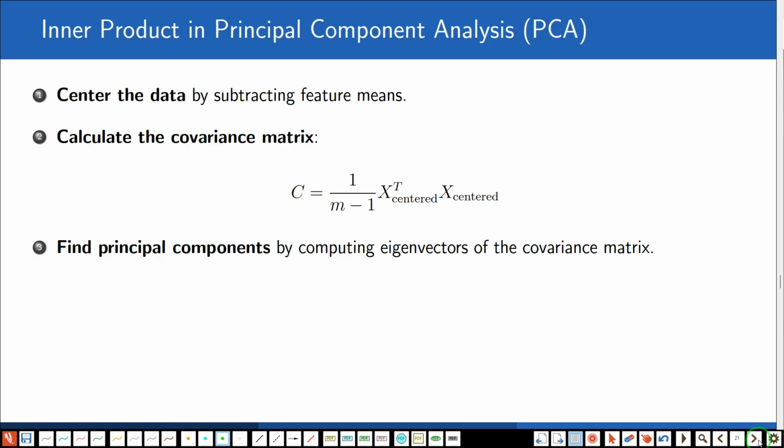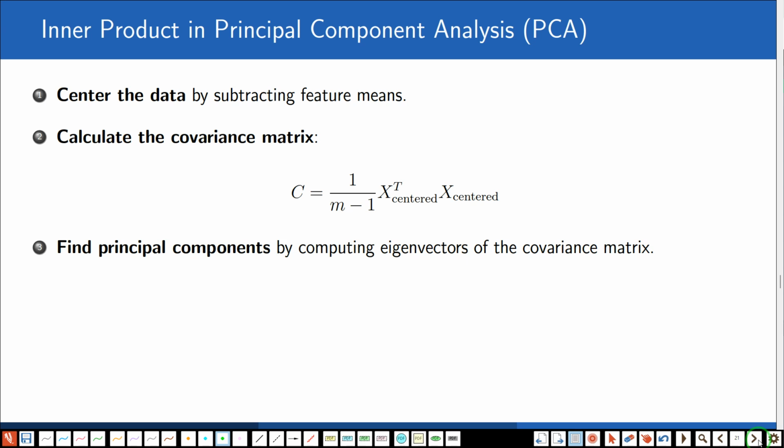Also, we have another algorithm known as principal component analysis, PCA, which is used to remove some dimensions from data. It's a dimensionality reduction algorithm. Assume that we have a data set in n-dimensional space, say for example 10-dimensional space.